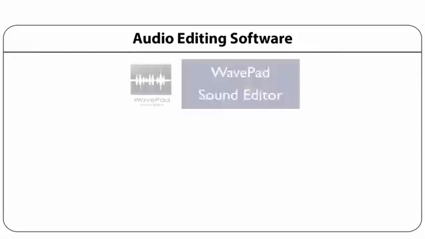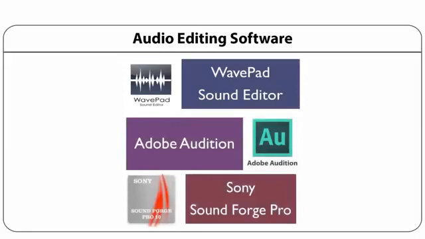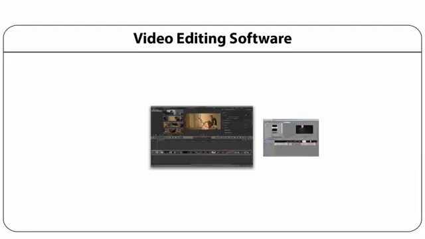Audio editing software. The most popular professional audio editing software are WavePad Sound Editor, Adobe Audition, Sony Sound Forge Pro, etc. These have the facility to mix and edit different tracks. The sixth one is video editing software.